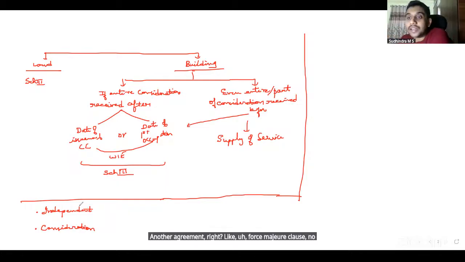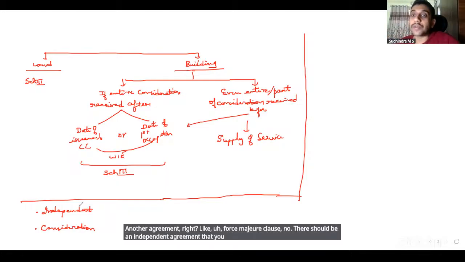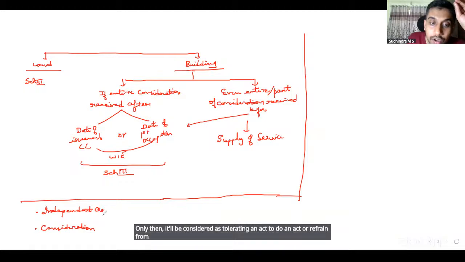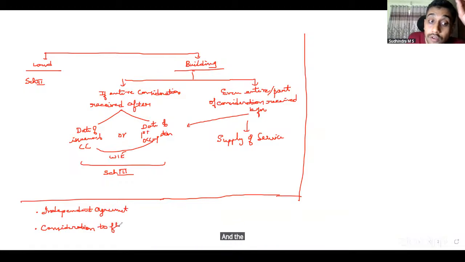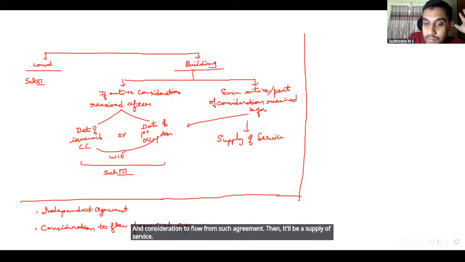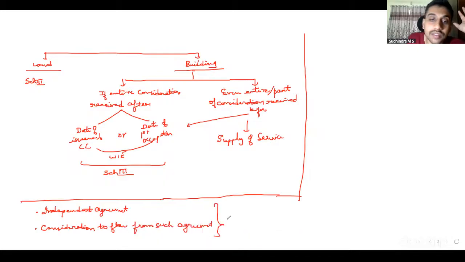There should be an independent agreement or contract, not part of another agreement, and the consideration should flow from that agreement. Like tolerating something, I'll pay you something. Only then it will be a supply of service. Else it will not be a supply.